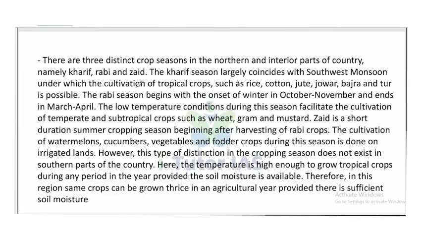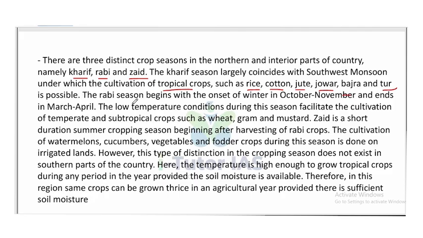There are 3 distinct crop seasons in the northern and central parts of the country, namely Kharif, Rabi, and Zaid. So we already discussed that. The Kharif season largely commences with the southwest monsoon, under which the cultivation of tropical crops such as rice, cotton, jute, jowar, bajra, and tur is possible.